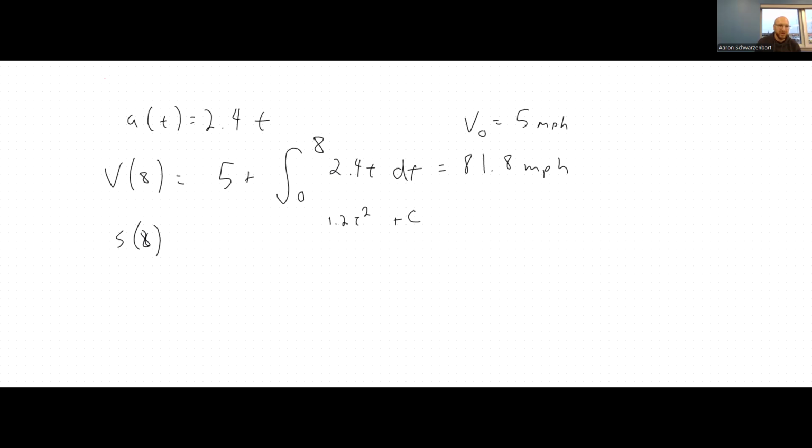So now when I want to know how far it traveled, I don't have an initial distance, because where it starts doesn't matter for how far. But I need to have that integral there. And yes, you can take that integral on your calculator, but it's important that you understand how to do that by hand so that you can integrate it twice, essentially.